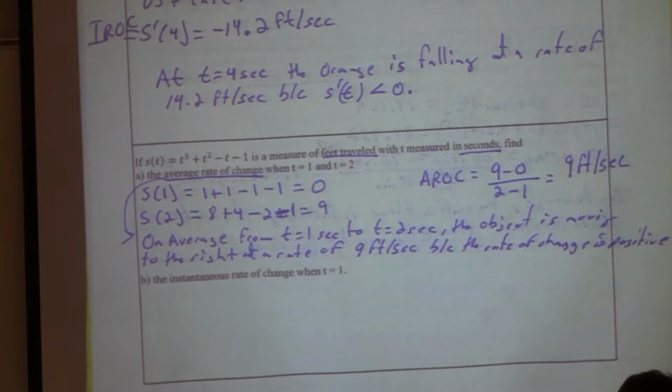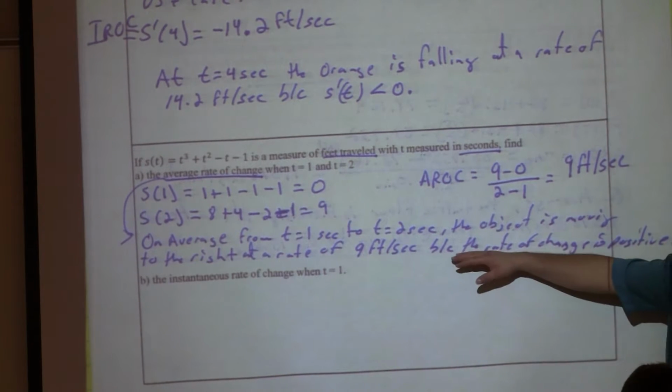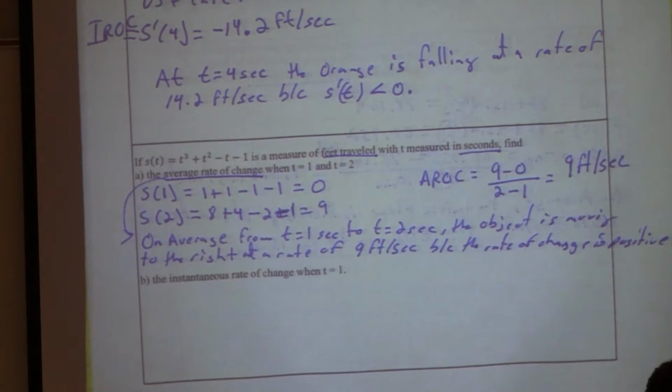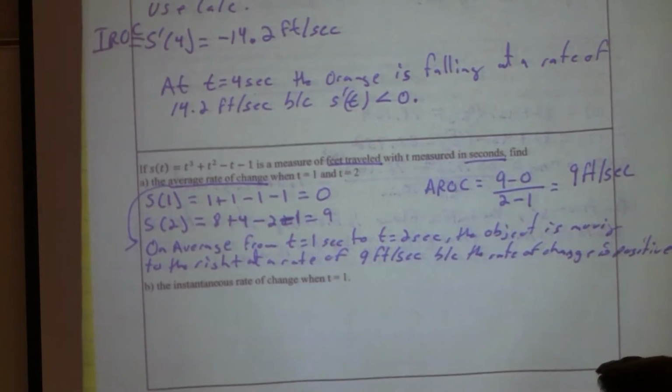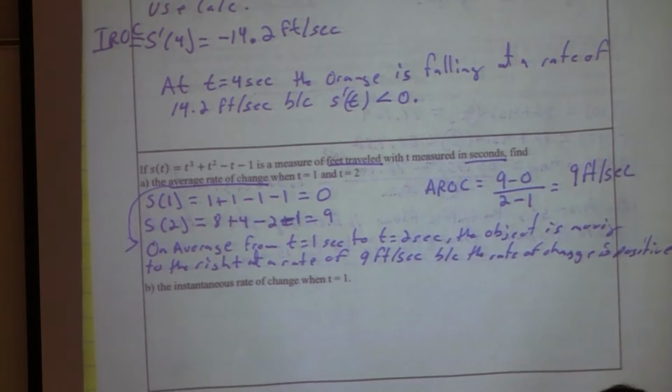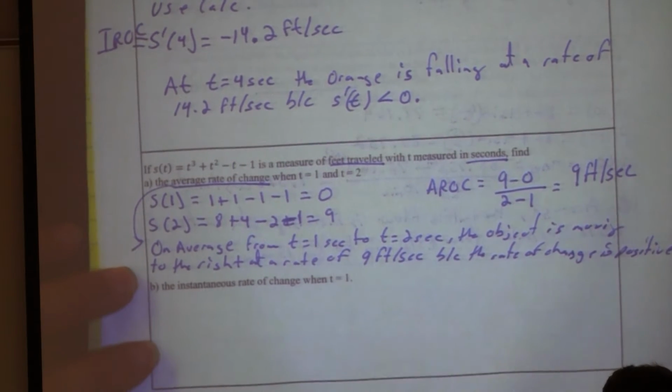On that one, you don't really have to give me the because statement, but it is good to practice. You would have been okay just stopping right there. For that one, there's not really a notation for the average rate of change, so they wouldn't ask you for the why. But it's because of the value, right?